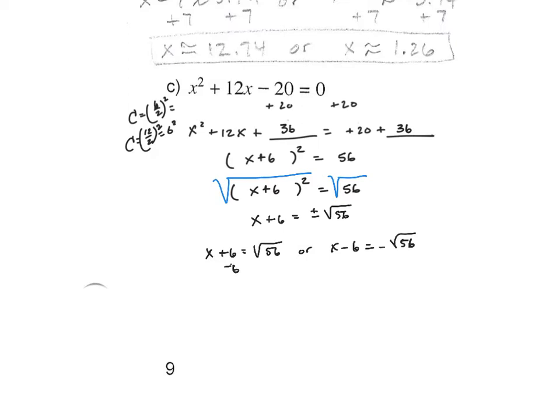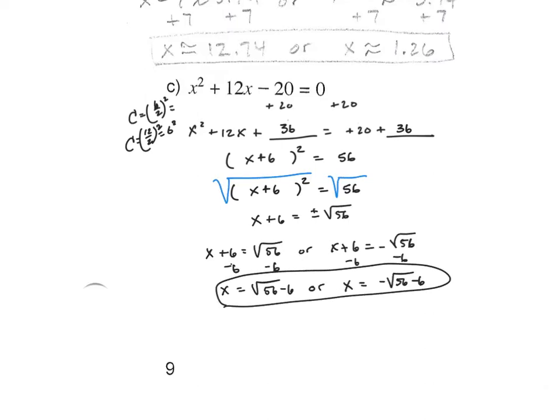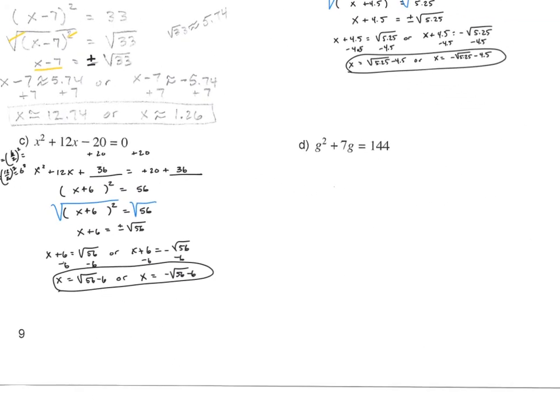Doing my inverse operations, I have x is equal to the square root of 56 minus 6, or x is equal to negative square root of 56 minus 6. And there you go. Those are our possible answers using completing the square.